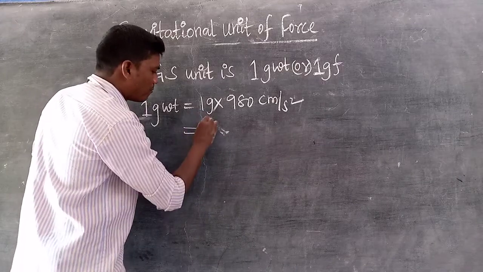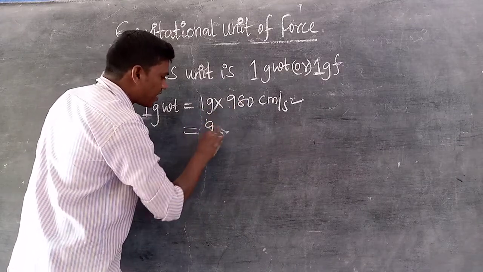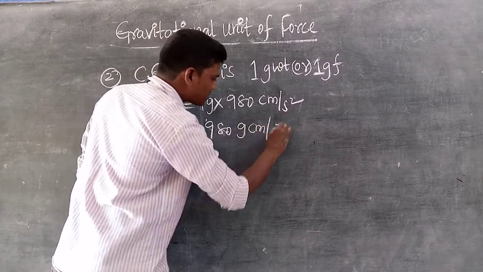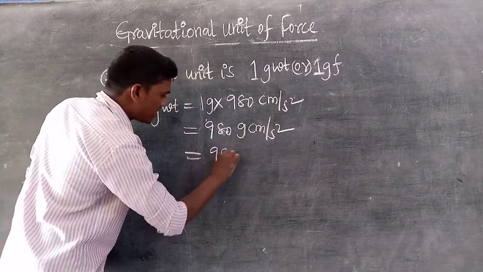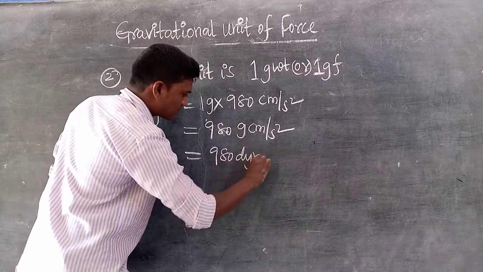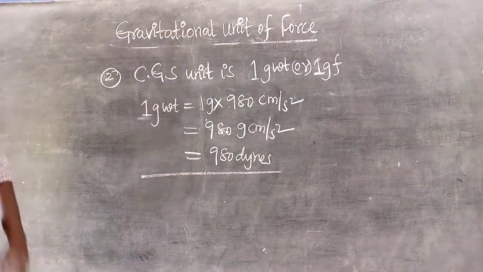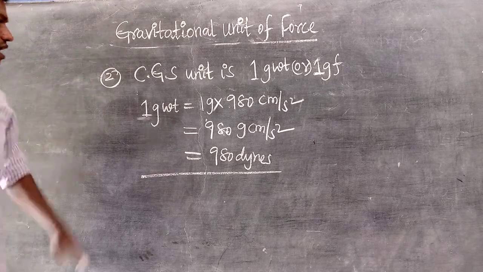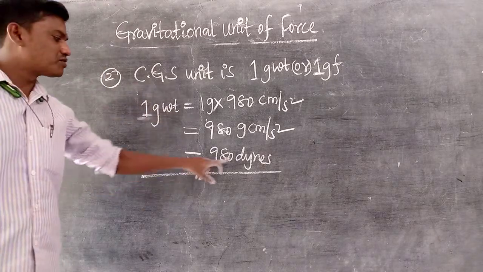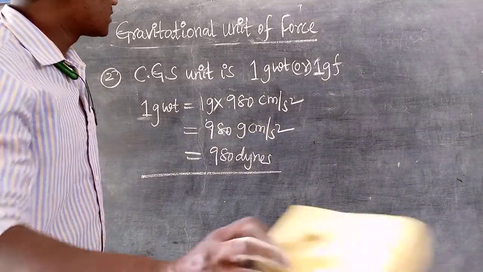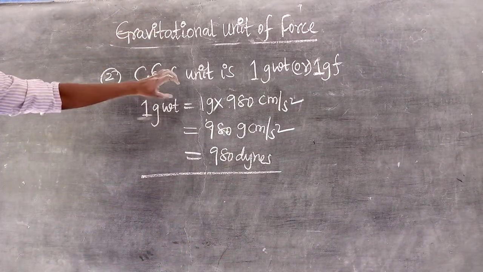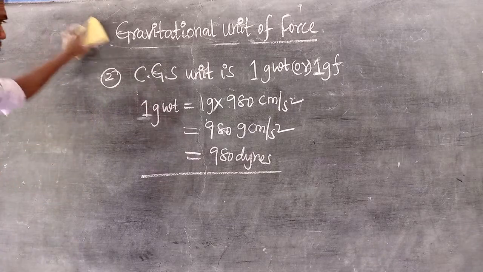That's right. 1 into 980, 980 gram centimeter per second square is nothing but 980 dynes. So 1 kilogram weight is equal to 9.8 Newton and 1 gram weight is equal to 980 dynes. These are the gravitational units of force and their relative values.